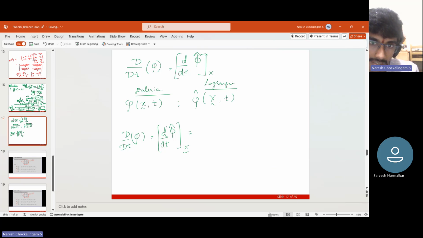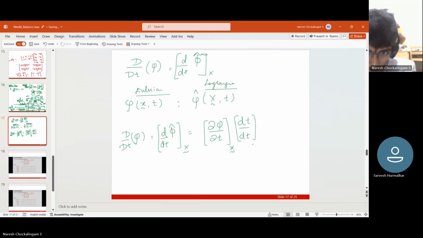So phi is a function of x and t, at a fixed x, and how x varies with t. So you see what I have done, right?